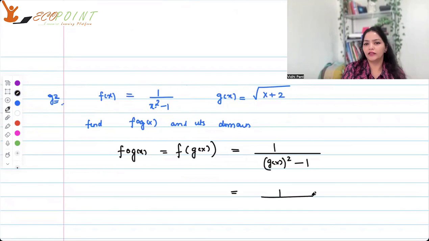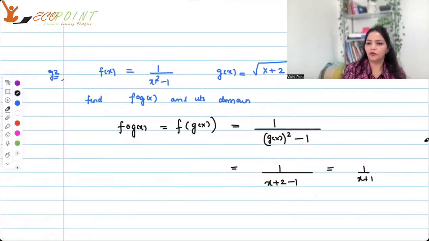Now you get 1 upon g(x) square, which means x plus 2, minus 1. So it is 1 upon x plus 1, right? If you find this expression, your answer will be that x should not be equal to minus 1 because that makes your denominator 0, right? So is it that my domain has to be this? Just this?